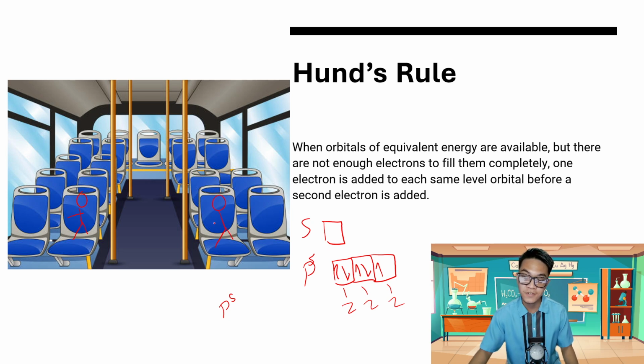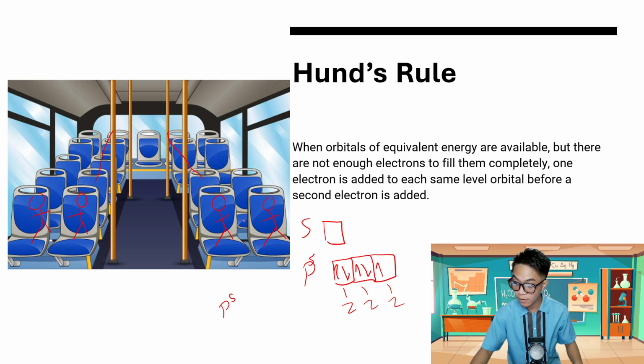Of course, he will sit in an unoccupied seat until all of these seats individually are filled out. Only then will the next person boarding the bus sit beside you or sit with another person, because there are no more unoccupied seats left. So they now start pairing. So basically, that's the concept behind Hund's rule.